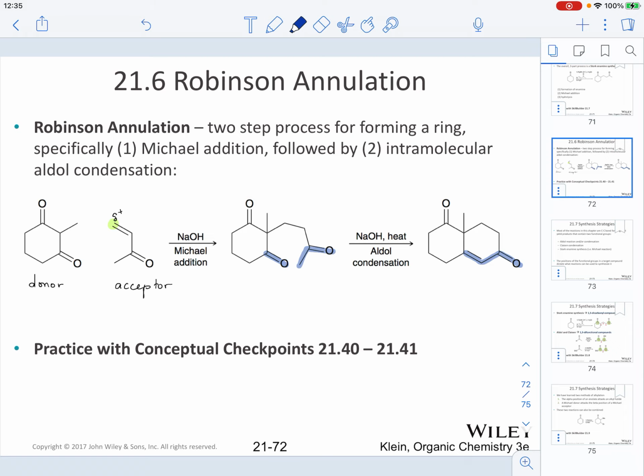So that's part of the aldol condensation. As I mentioned before, this is a mechanism that I would like you to try at home to demonstrate how the Robinson annulation process actually occurs.